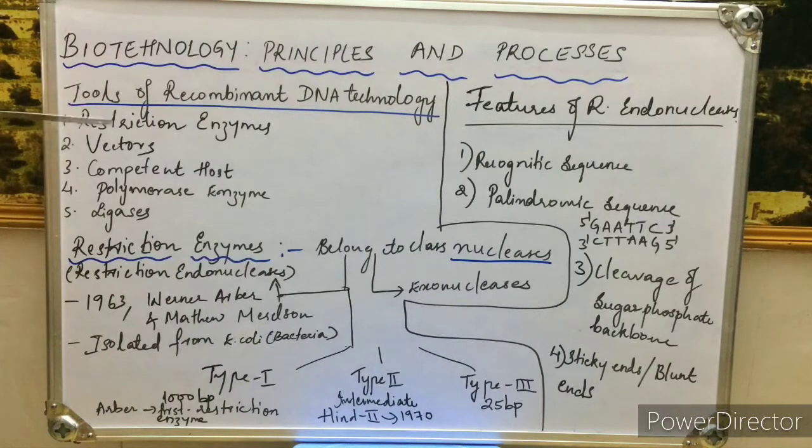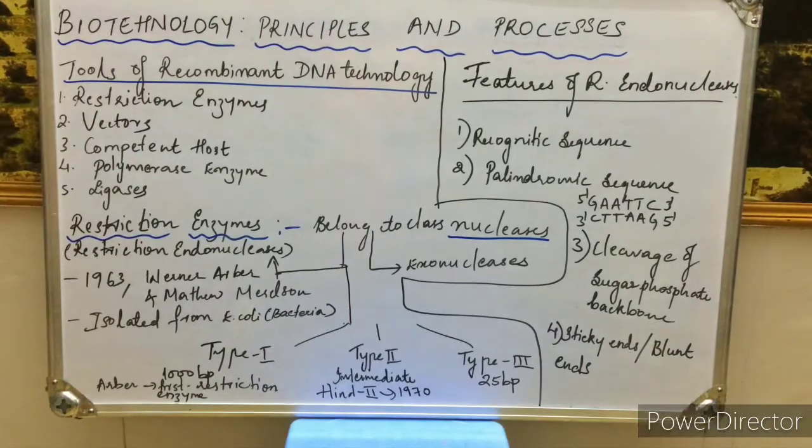Now the nucleases are once again of two types. That is restriction endonucleases or restriction enzymes, and the other one is exonucleases. Now what are these restriction endonucleases? As the word itself says, endonucleases.